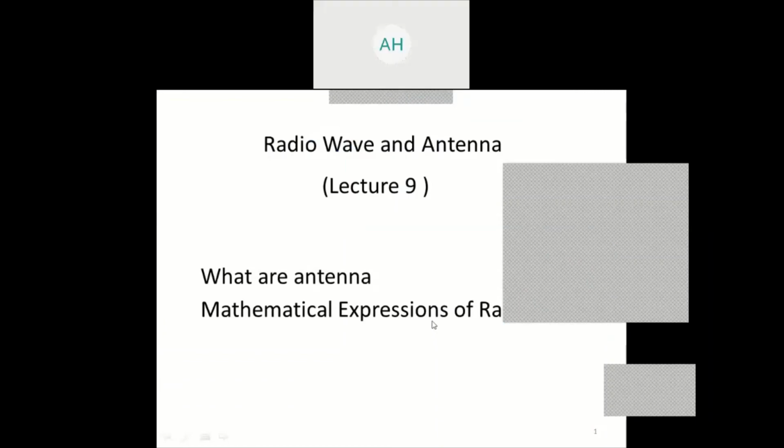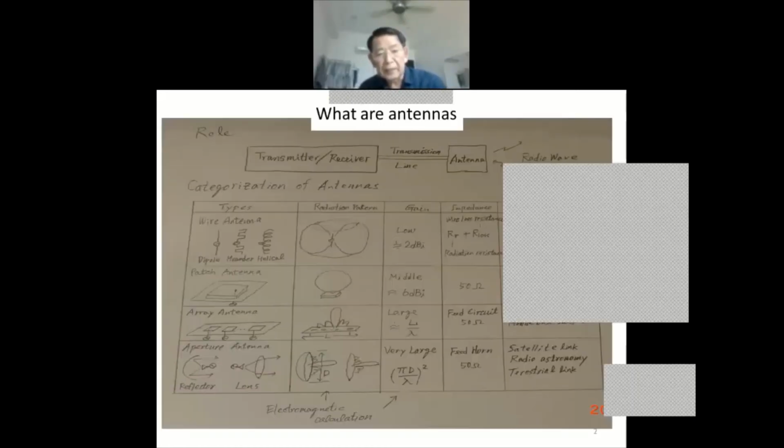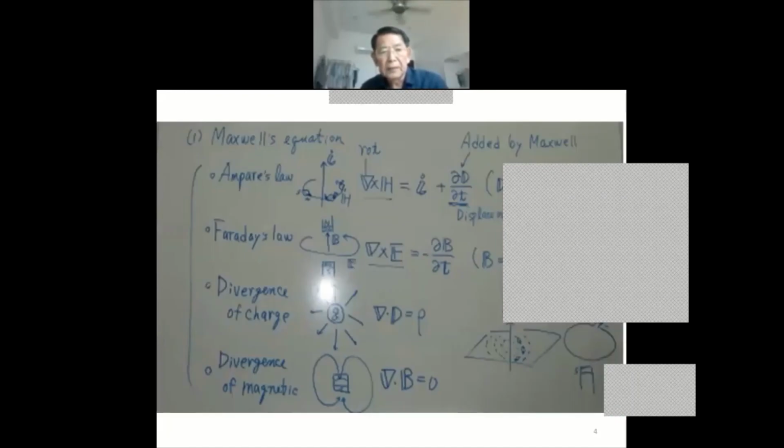Now, this is electromagnetic rating 1, and the antenna gain is 1. And this is the Maxwell equation. So today's example is rotation E equals minus j omega mu H. Today's example is this one.